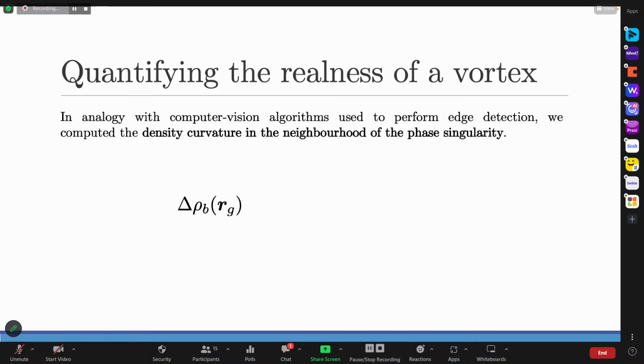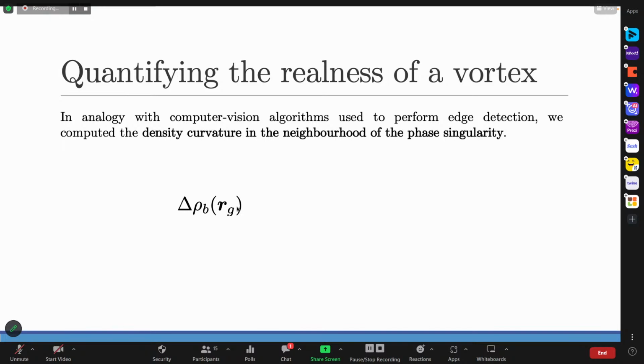Basically, this is a very difficult sentence, just to say that we computed the local curvature of the density field at the ghost vortex. So take the density field of the minority component, compute the Laplacian, and evaluate it in the neighborhood of the phase defect.